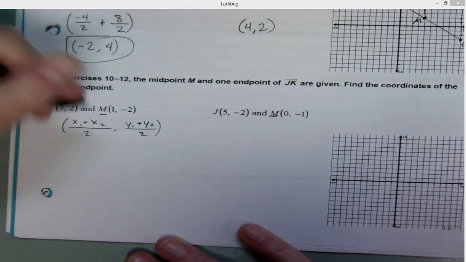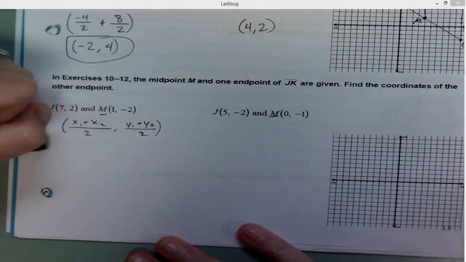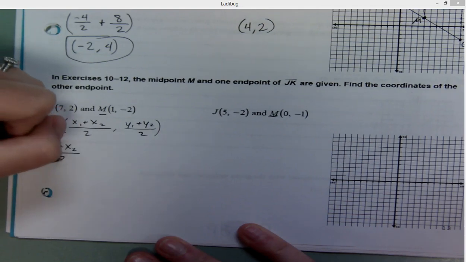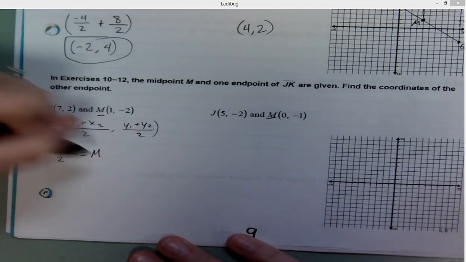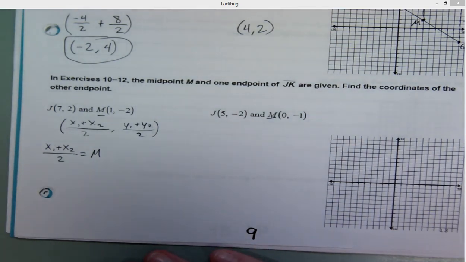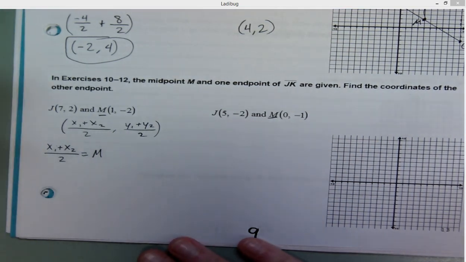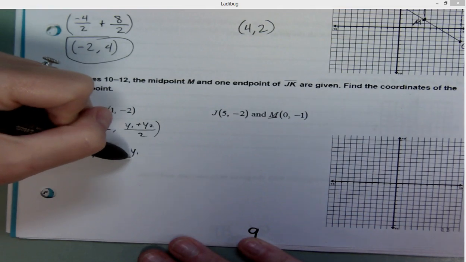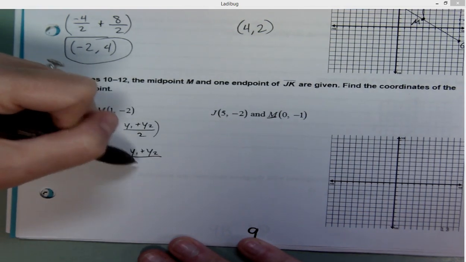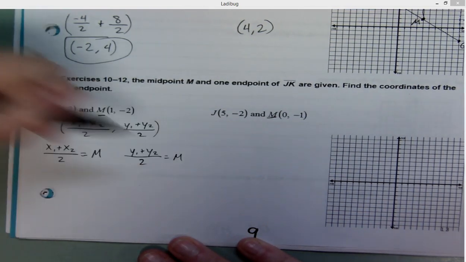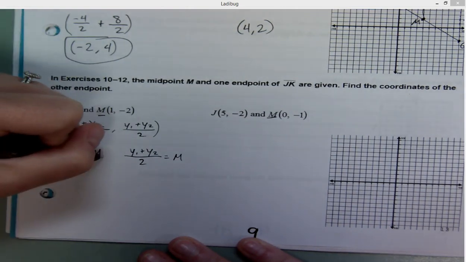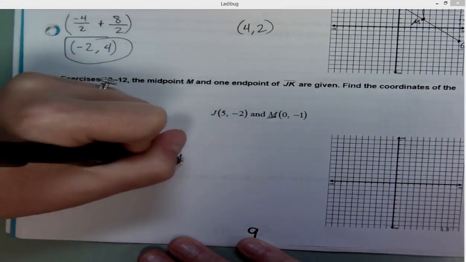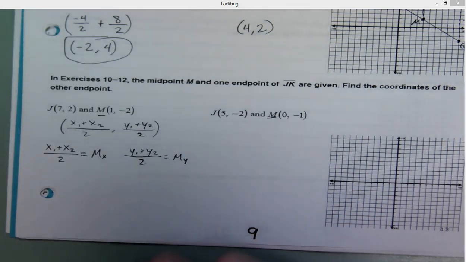So I'm actually going to split this and make it x1 plus x2 divided by 2 equals our m, so the x value of our midpoint. And then over here I'm going to have y1 plus y2 divided by 2 equals the y value of our midpoint. So I'm going to call it mx and my.